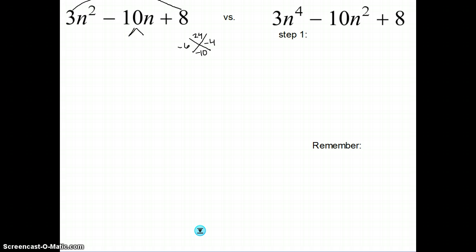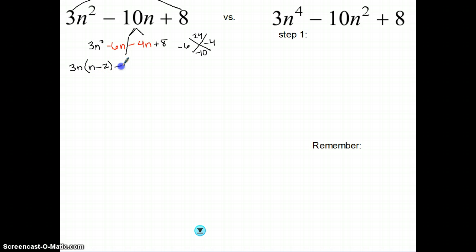So all I'm going to do is rewrite my negative 10 using those coefficients. So negative 6n minus 4n, I used these numbers to rewrite my negative 10. I still have the plus 8 on the end and the 3n squared in front. Now I split down the middle, take out the 3n that's in common, leaving me with an n minus 2.